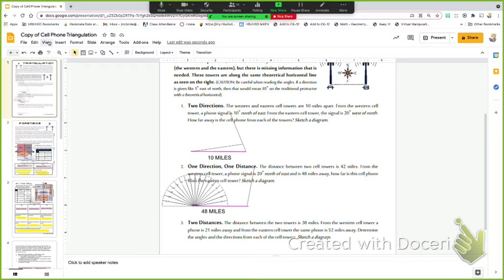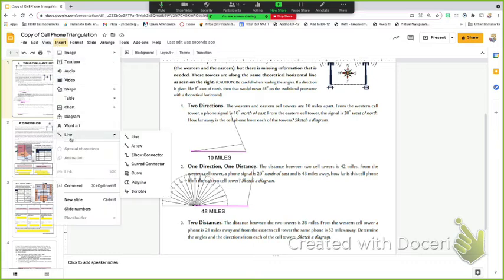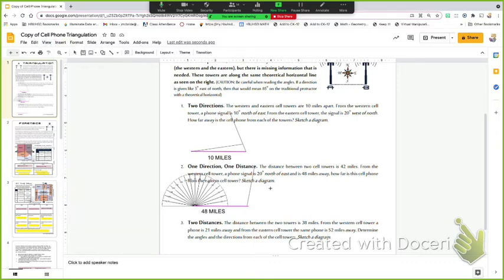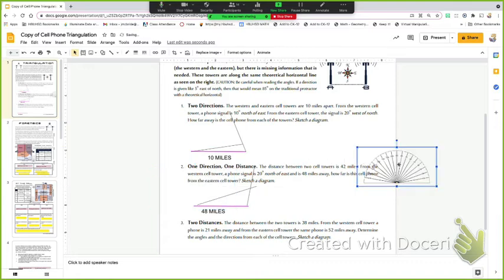So I'm going to insert a line, and 20's right here, so I'll go through that 20. It sometimes wants to connect weird places, so that's why it's hard. I went through the 20 degree line, close enough. It's a little off, but like I said, if you're doing it this way, it's going to be a little off. And there, it's pretty much drawn to scale.